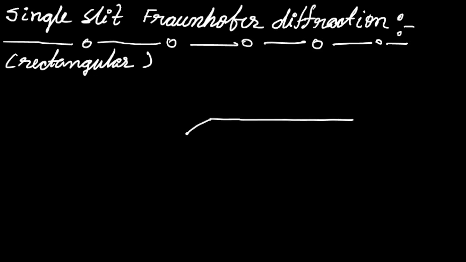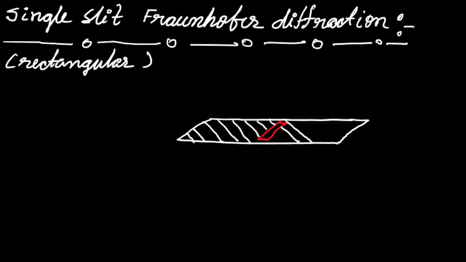Let's say this is the slit plane, and we have placed a slit here whose width is b. So this is the slit plane and this one is the slit.